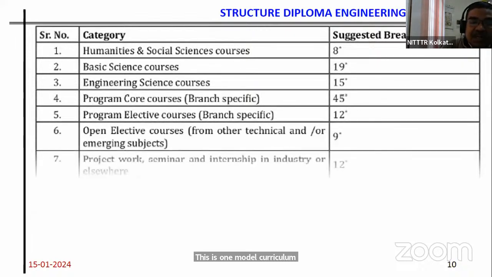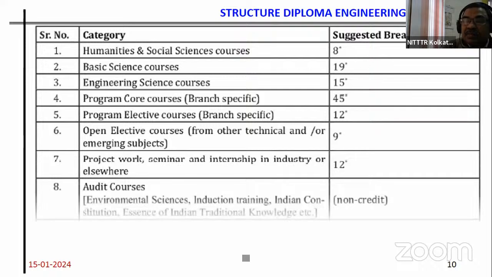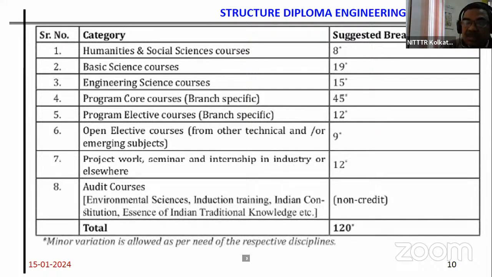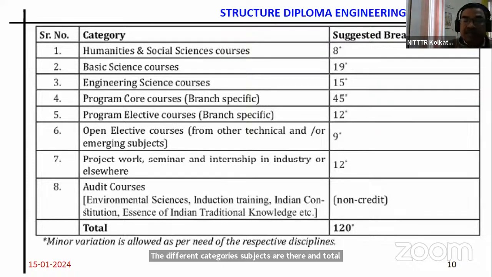Different categories of subjects are being described with a suggested breakup of credits. For example, this is a diploma course. The different categories of subjects are there and total credits are being mentioned. Humanities and social science is 8 credits.